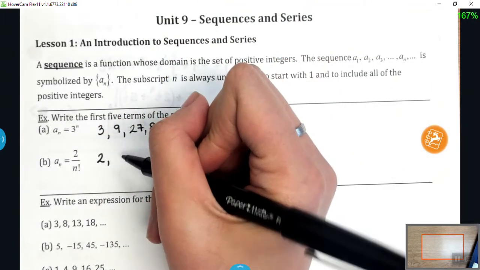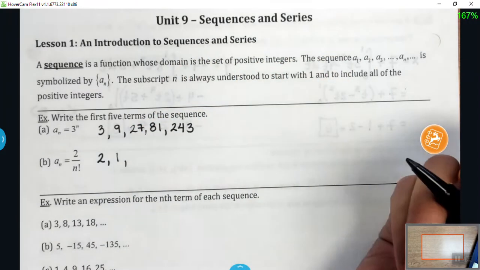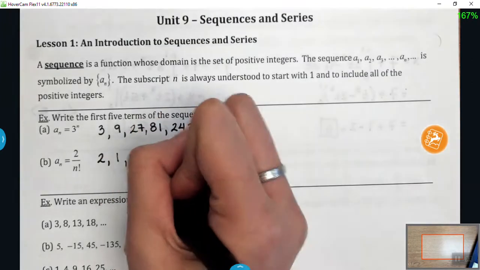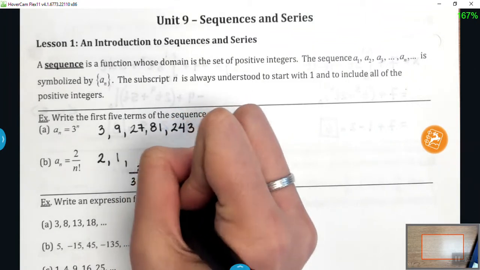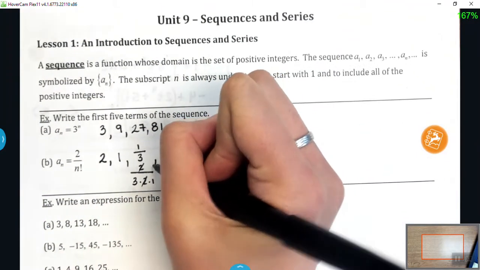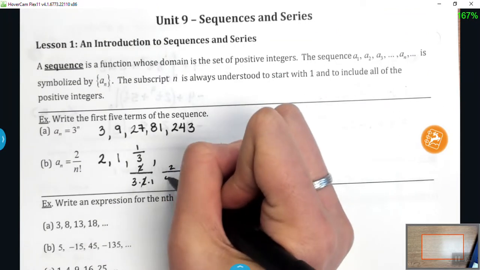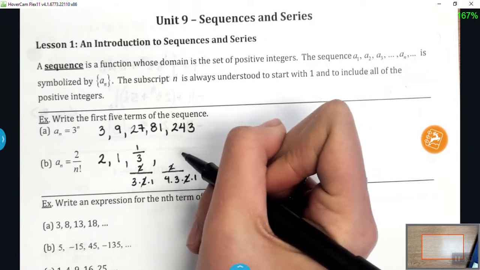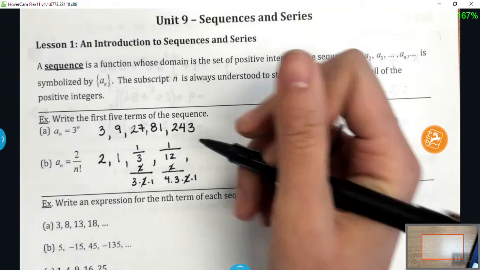So the first term is 2, next term 1, next term 2 over 3 times 2 times 1. The 2's cancel, so 1/3. Next one, 1 over 12.